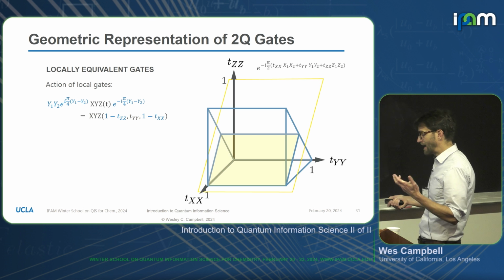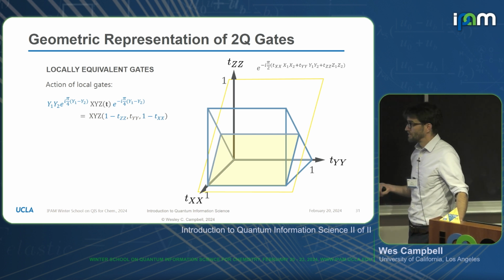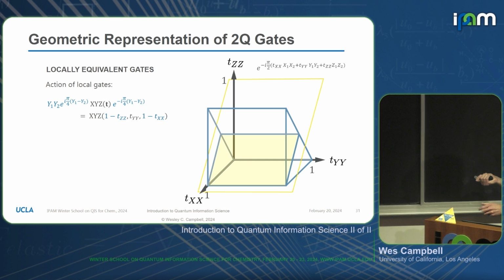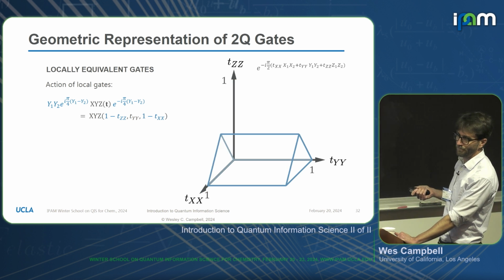Okay? That is a reflection about that plane. So again, we have points down here that correspond to points up here if we apply local gates, which means we don't need them both, right? We want to get down to the point where applying local gates doesn't do anything to it. Okay, so now we have a little rooftop.